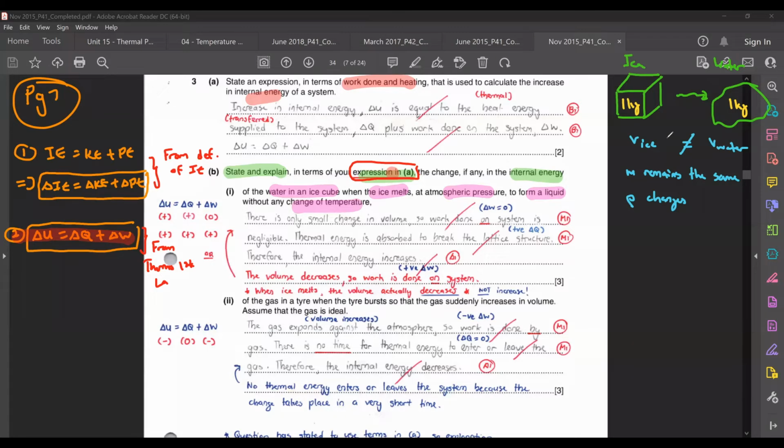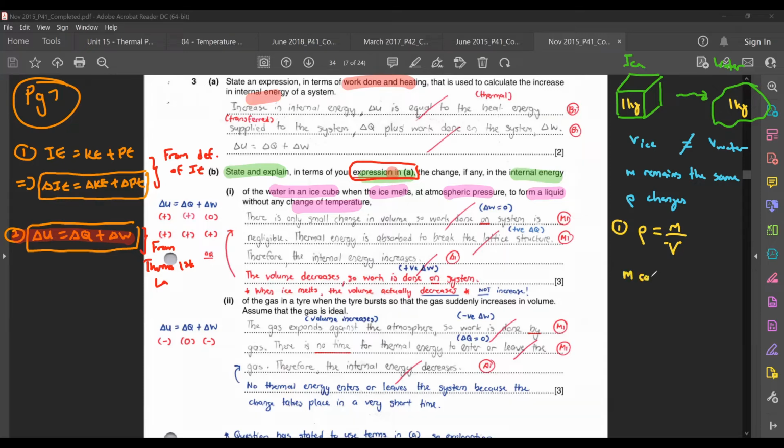All right. So one way of seeing this is by using this equation from AS. Now, we know that density is mass over volume, right? I mentioned to you that when ice melts to water, the mass remains unchanged.